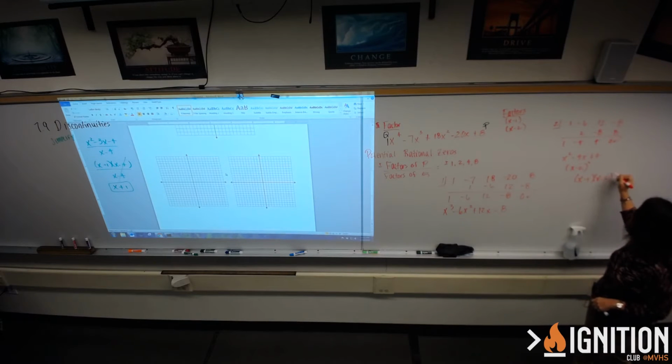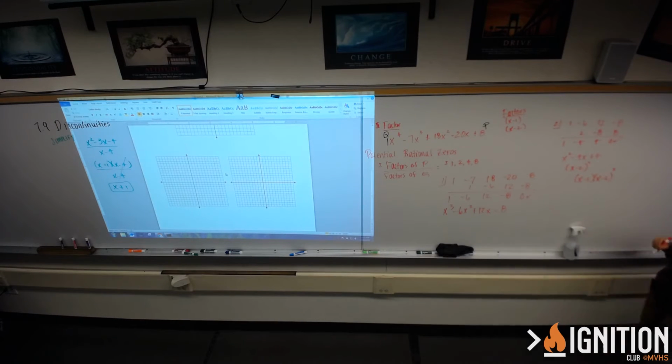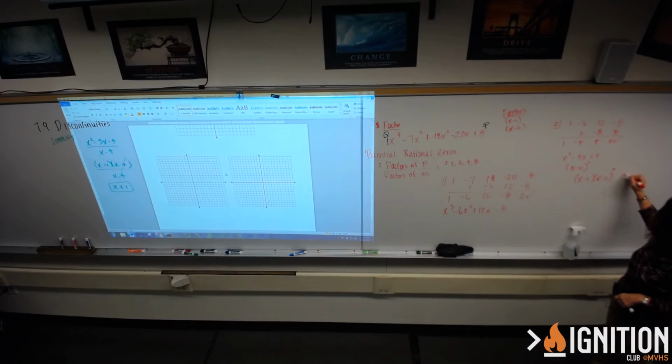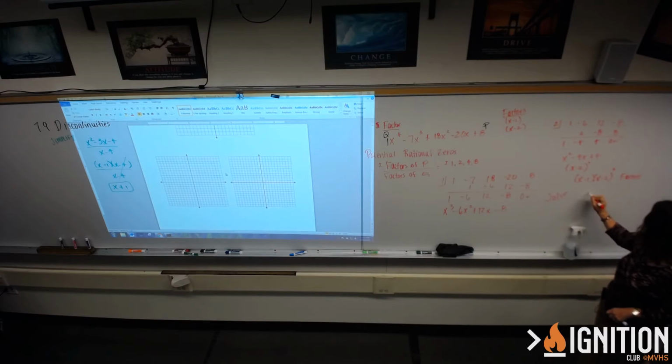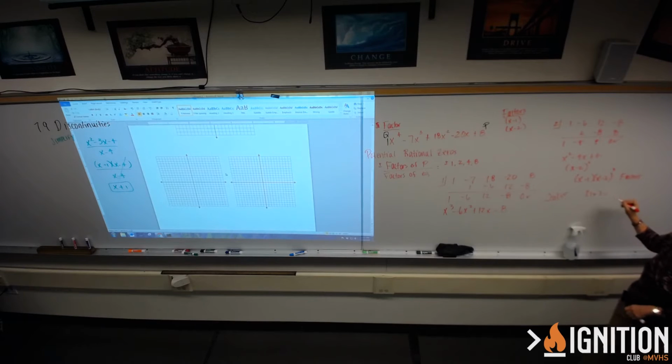Okay, so polynomial in factored form. These are the factors. Now, what if I ask you to solve? So now, what if the problem I give you equals x to the 4th minus 7x cubed plus 18x squared minus 20.